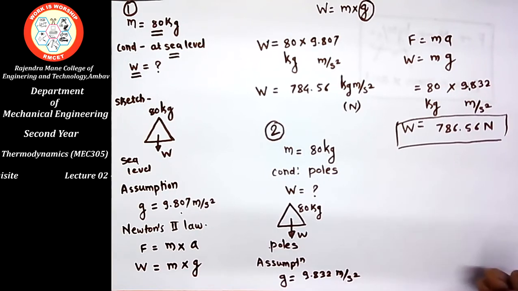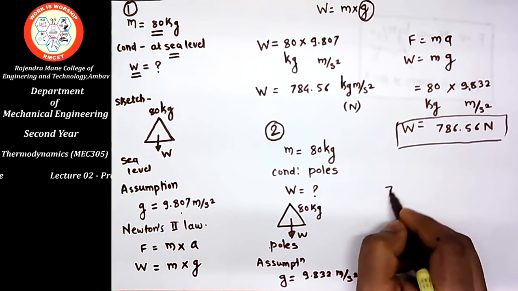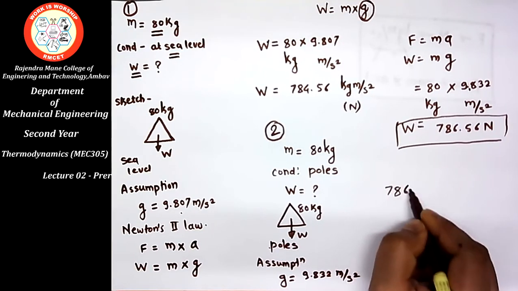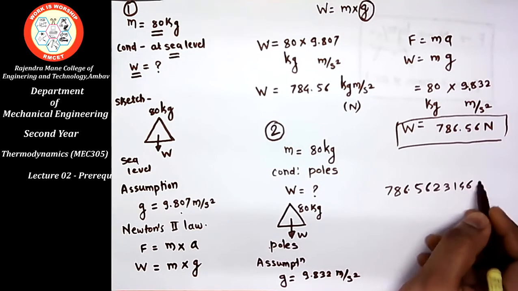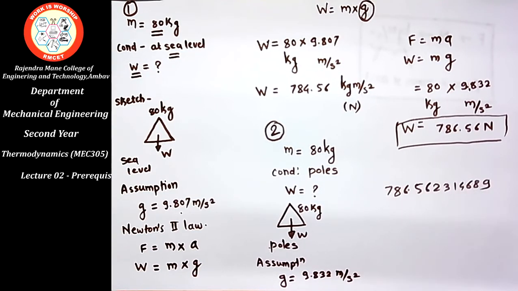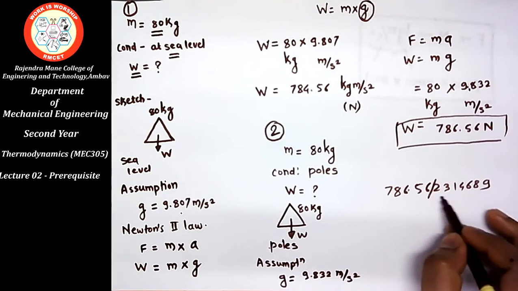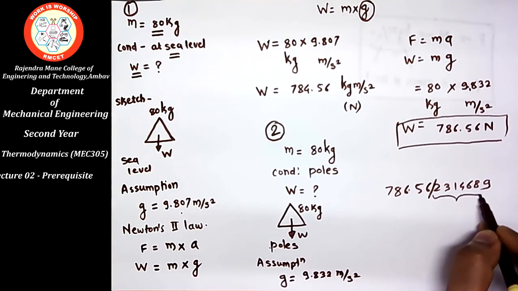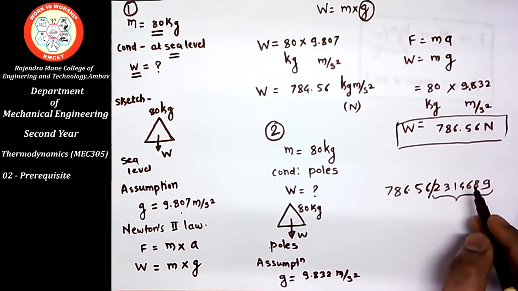Now one thing you should remember is that in a calculator sometimes we get an answer like 786.5623146896. So this many digits are there, but can we measure 0.002314689 Newton of force? It will be very difficult. Hence, approximation is essential.